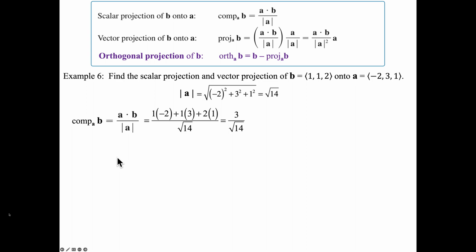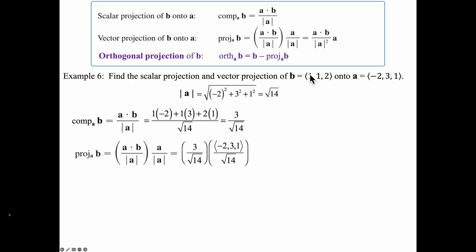To find my projection of B onto A, we have the A dot B over the magnitude of A. That's what we just found. And now simply multiply it by the unit vector. So we'll just transfer this to here. Your unit vector of A is negative 2, 3, 1, all divided by the square root of 14.